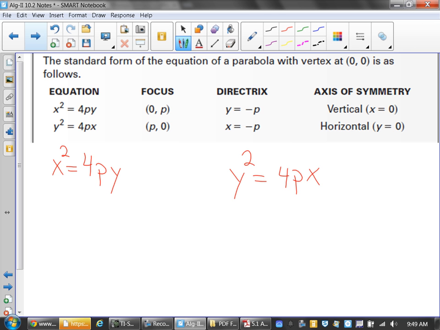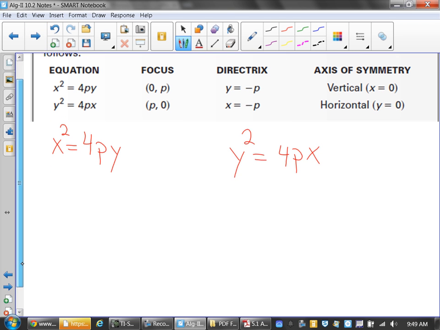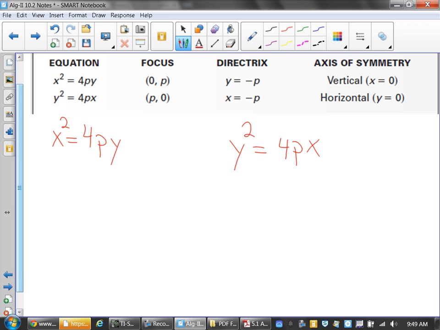The difference here is whether or not it's going to go up and down or left and right. An x squared parabola is going to be one that opens up either up or down. And we've always been working with those.